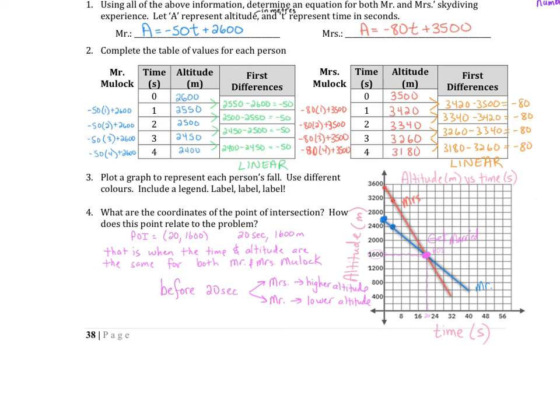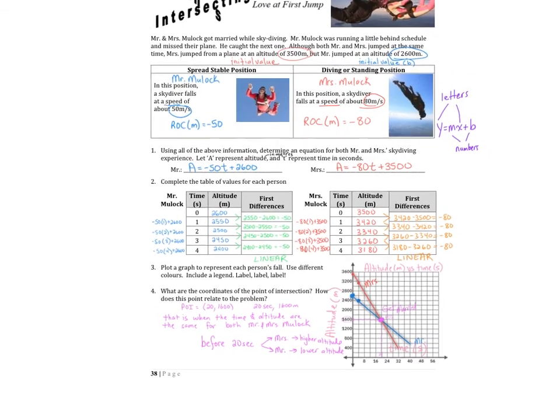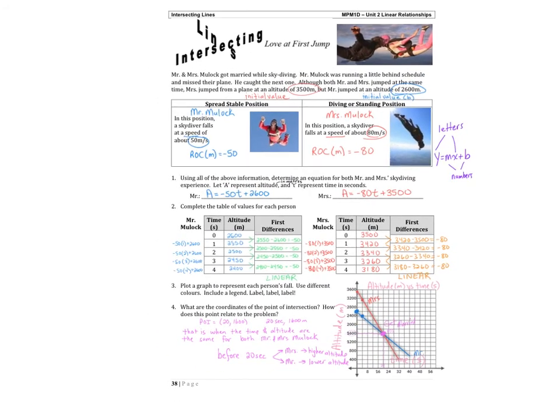Another example might be if you were renting cars at two different places, you would be able to use the graph to determine when one car company would be cheaper than another car company. All right, so what you're going to be doing is looking at different scenarios, like I said, and graphing the two lines and finding the point of intersection.